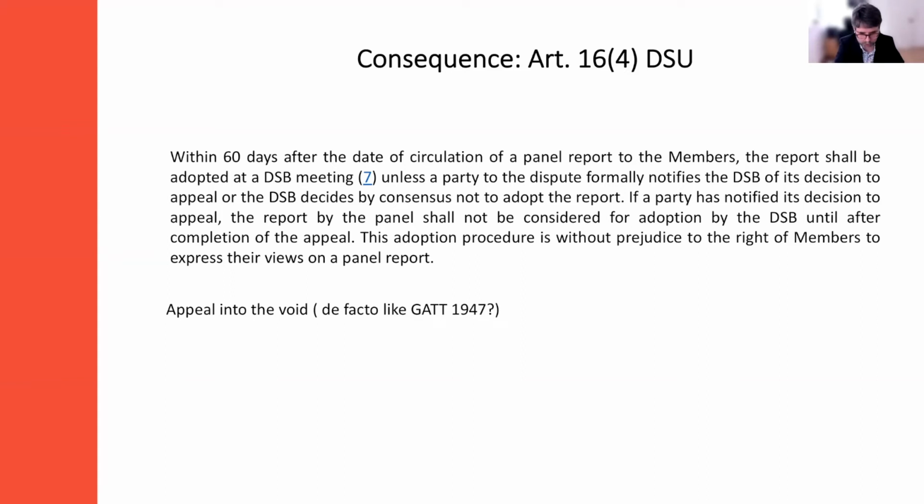And when you think through the procedure, we are now a little bit like the procedure that we had in the GATT 1947 before the WTO was created. The losing side in the past GATT system could make a report go away by simply not consenting to it, because the adoption of a report required consent of all members. Now, the losing side can make a report go away by appealing.